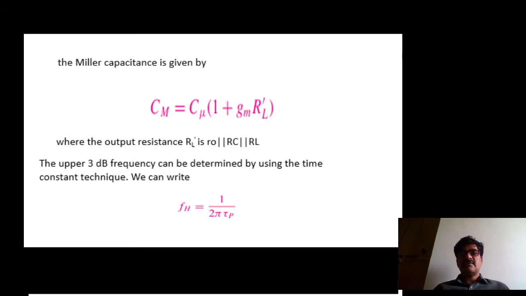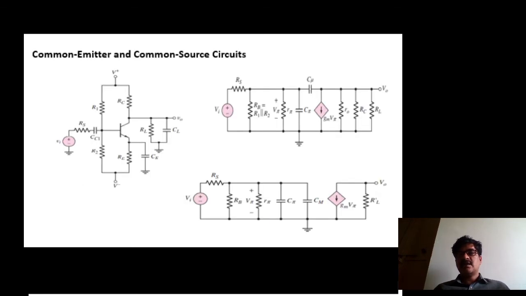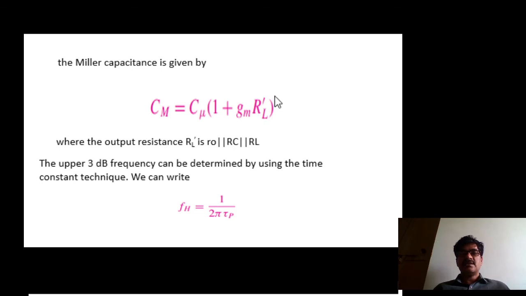Here AV is the output voltage, that is minus Gm V pi into RL dash, divided by the input voltage V pi, that is at the base. So therefore the AV is minus Gm RL dash, where RL dash is a parallel connection of small r naught, RC and RL.